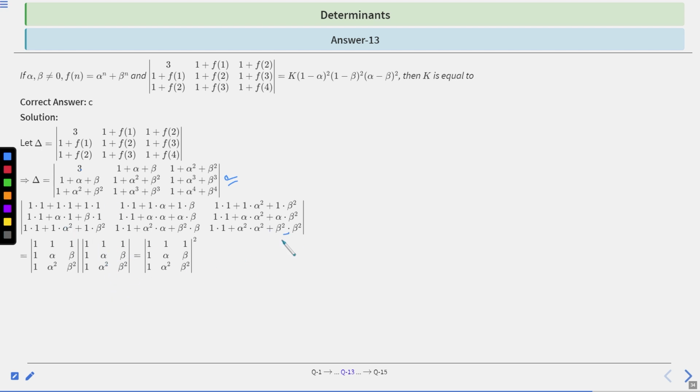So this can be further taken as the product of two determinants, which is the determinant of 1 1 1, 1 alpha beta, 1 alpha square beta square, and 1 1 1, 1 alpha beta, 1 alpha square beta square. Which is the same, so it is the determinant of 1 1 1, 1 alpha beta, 1 alpha square beta square, whole squared.